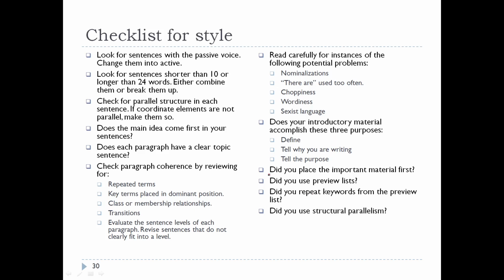Similarly, at the level of the document, you should look at whether the important material comes first, whether you are using preview lists effectively, whether you are repeating keywords from the preview list, and whether there is structural parallelism in the paragraphs and sections or chapters of your document or not.